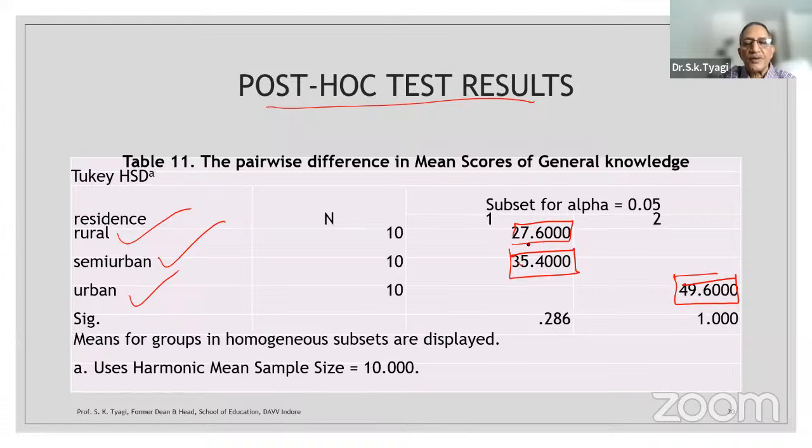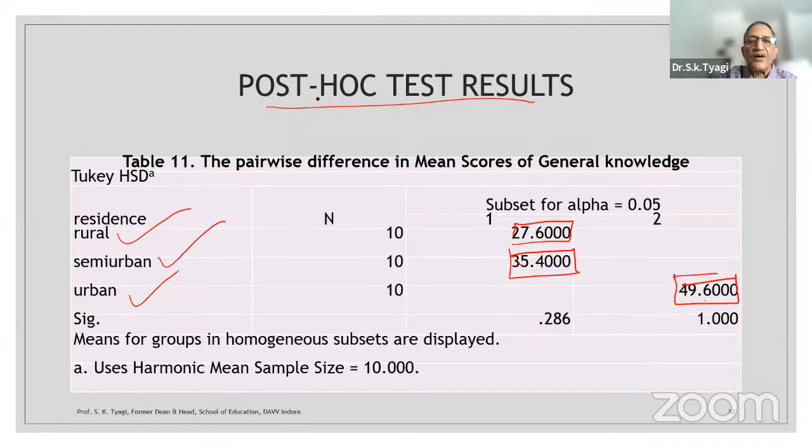The constant was 49.6 because urban was the category chosen as reference category, and the mean score of rural was 27.6, this much less than urban, and semi-urban was this much less than urban. So these values tally with this.